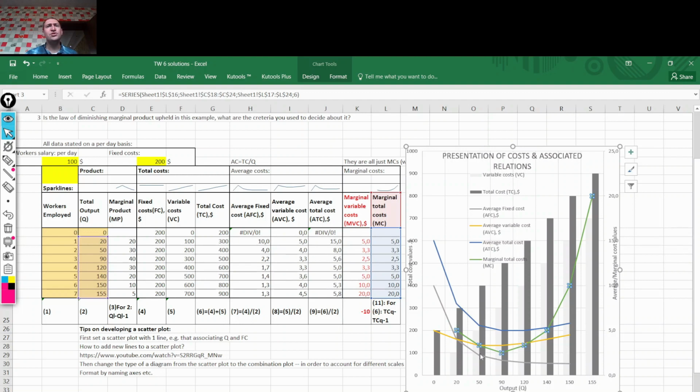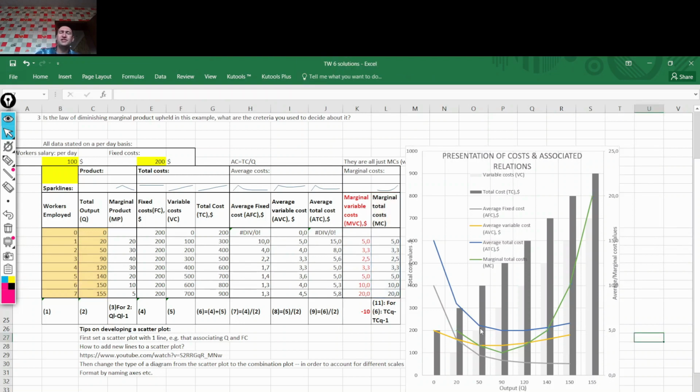Marginal cost decreases, so it's not diminishing product. But then, from that point onwards, beyond the output of 90, the law of diminishing marginal product asserts itself. The marginal costs keep climbing up, the law asserts itself. Okay, which is a demonstration of the law in terms of marginal costs.